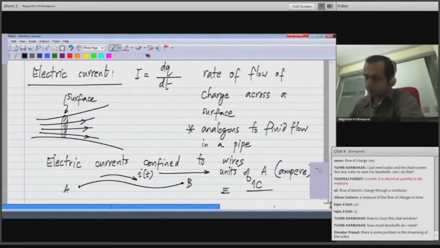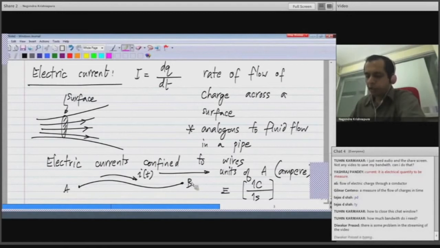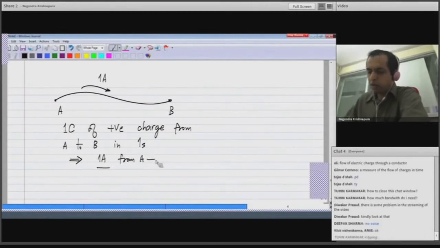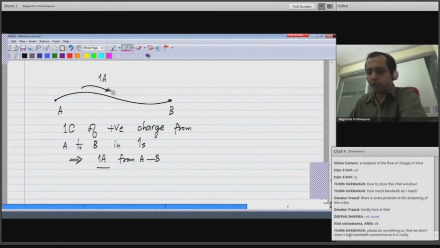So if 1 coulomb of positive charge flows from A to B in 1 second, that constitutes a current of 1 ampere from A to B. Here I have shown a wire from A to B, and I draw an arrow from A towards B, and I have marked 1 ampere, and that's what this means: 1 coulomb of positive charge flowing this way.